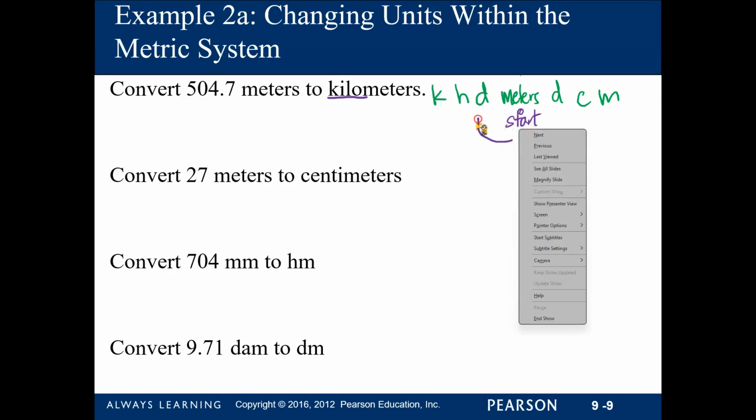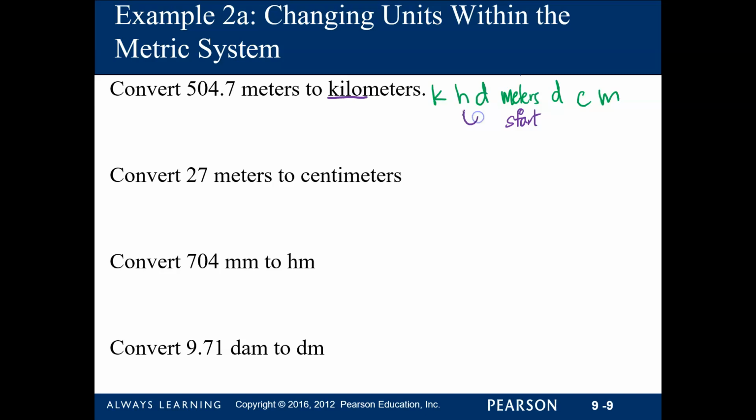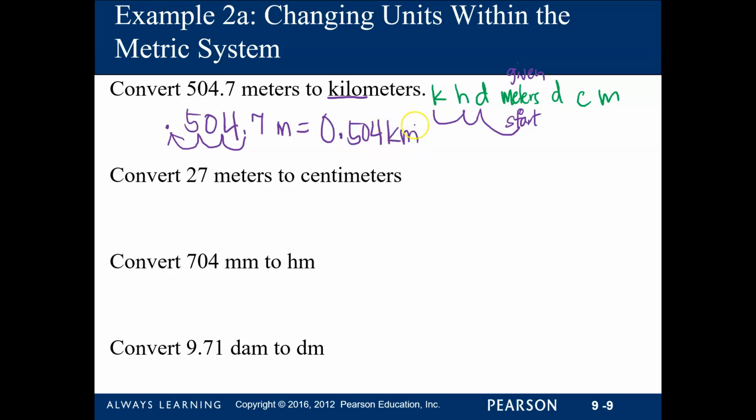So from meters, we go 1, 2, 3. Okay? So from where we start, the given is meters. We go 1, 2, 3 going to kilometers. So it means 504.7 meters will have to move 3 decimal points going to the left. And so this is now going to be 0.5047 kilometers. As simple as that.